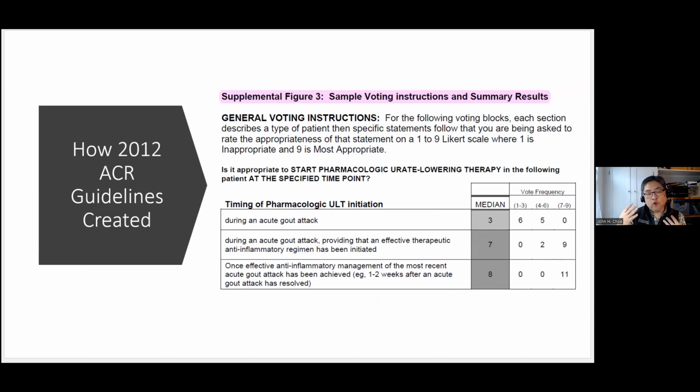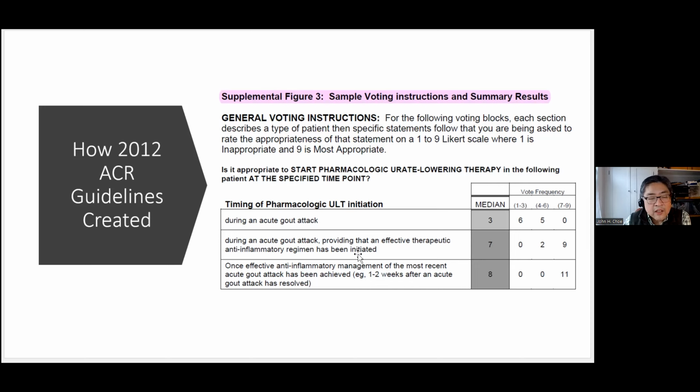For this question: is it appropriate to start allopurinol or other urate lowering therapy during these specified time points? You got to vote on it, on a scale of 1 through 9, where 9 was definitely always and 1 was never. People would vote on it and say, during the acute attack, would you start allopurinol?